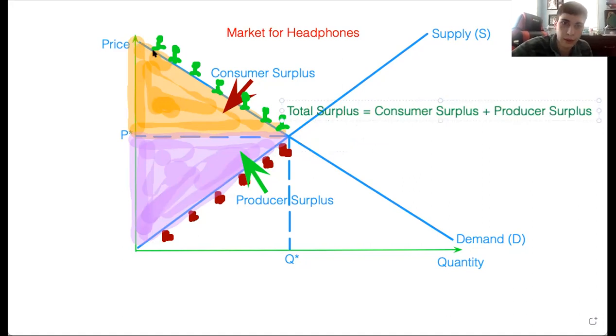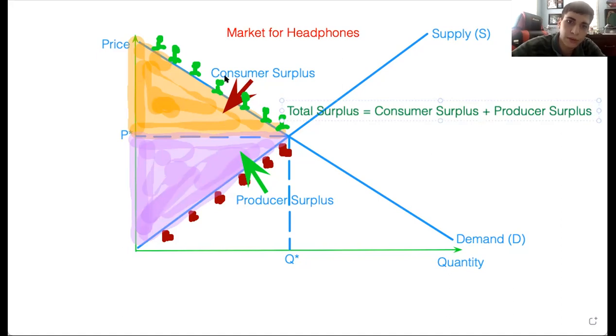So that's the whole entire area, which I can draw on here. Like I said earlier, it's the orange area and this purple area combined that is the total surplus. It's the consumer and the producer. This right here is the producer. This right here is the consumer.